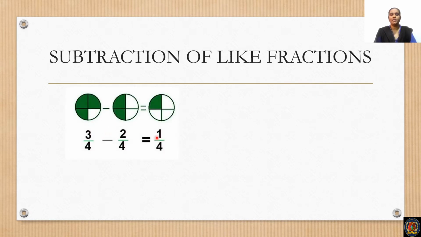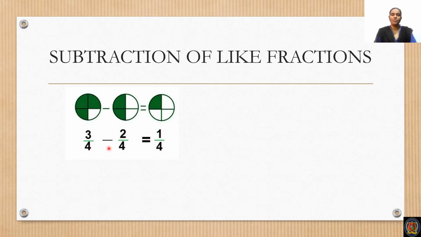Look at the fractions 3 by 4 minus 2 by 4. The denominators are the same, which means it is a like fraction. Subtract only the numerators, 3 minus 2, that is 1, and the denominator is unchanged, that is 4.